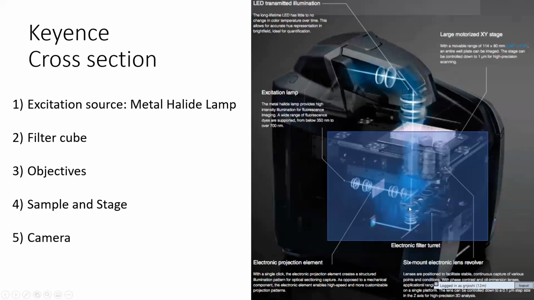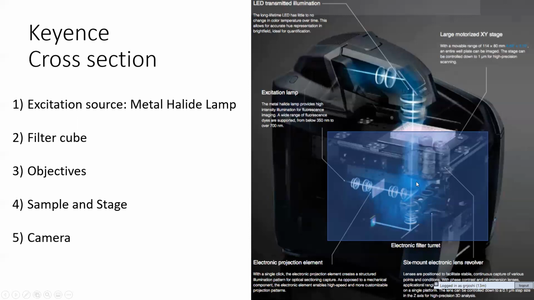I'll go over the anatomy of a filter cube. I briefly talked about it, but I'll repeat that. Then the objectives that we have, and the concept of resolution that comes with the objectives. Then the sample and the stage, the different kinds of samples that you can hold on this stage, and a bit of the user interface that goes along with the samples.